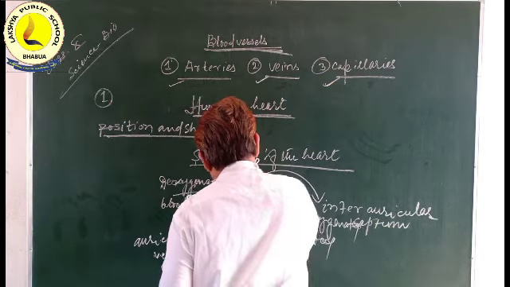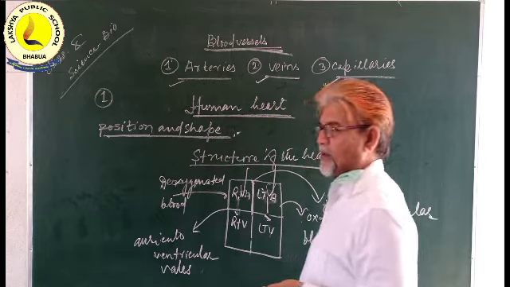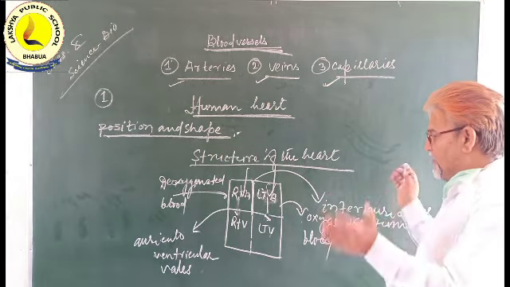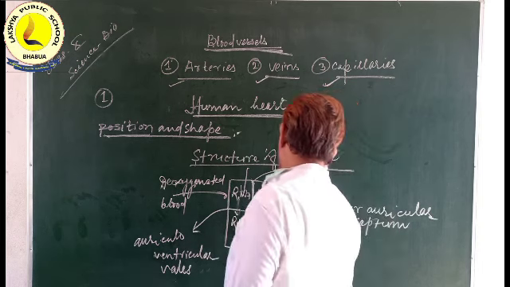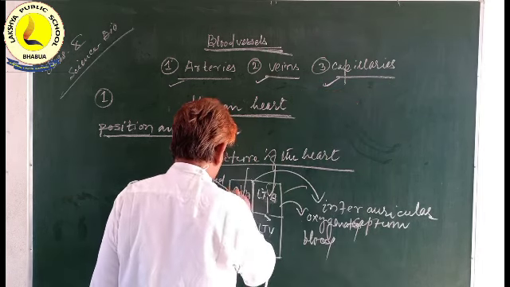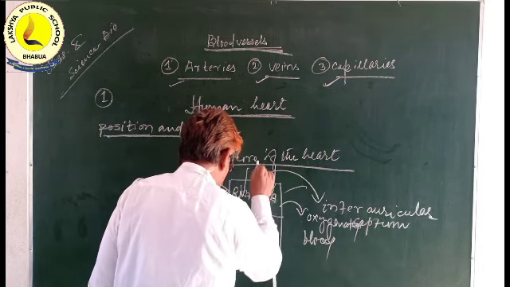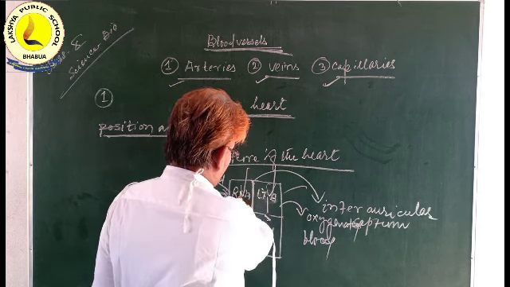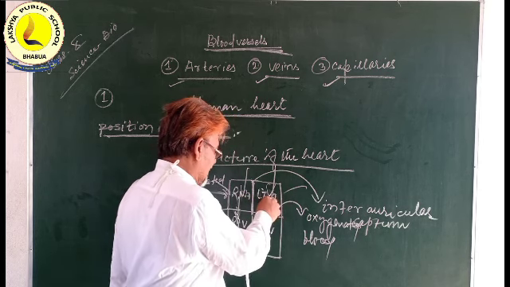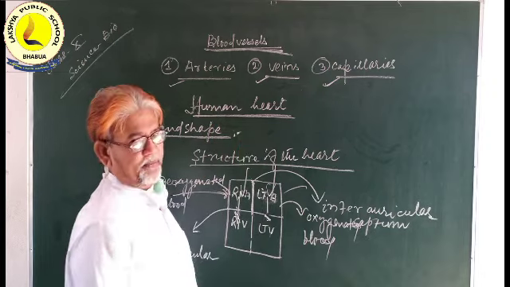When the blood comes into the right auricle and left auricle and they are completely filled, then they contract, and the blood goes from the right auricle to the right ventricle and from the left auricle to the left ventricle.